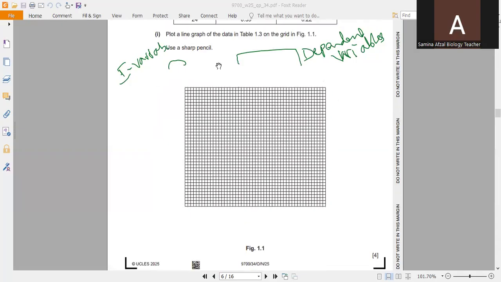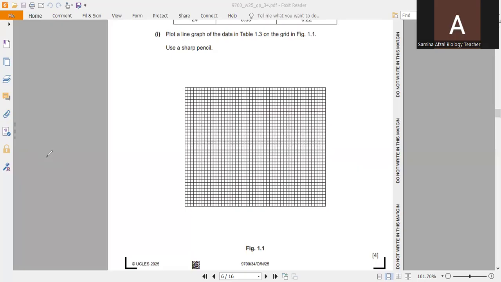So moving towards the formation of this graph, you have to select the scale wisely over here. On the x-axis, the scale will be time in hours.